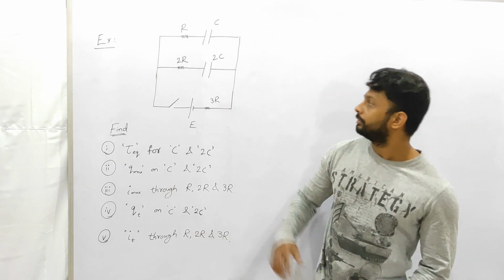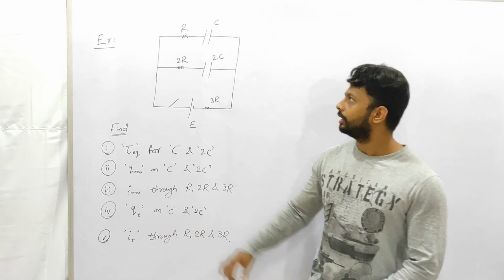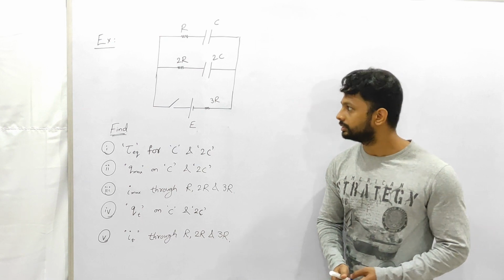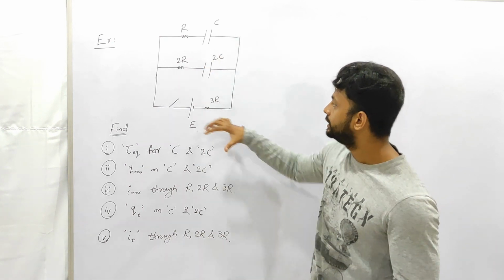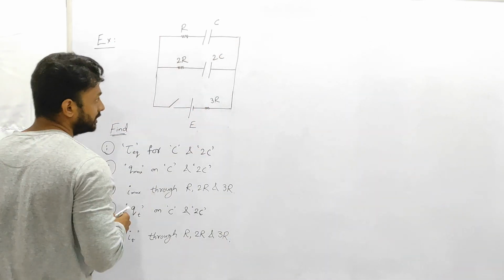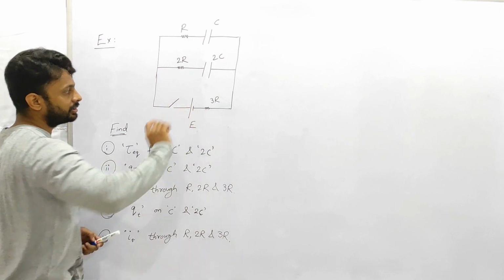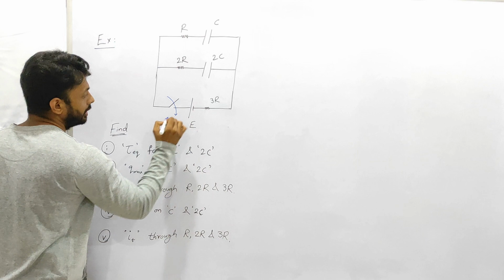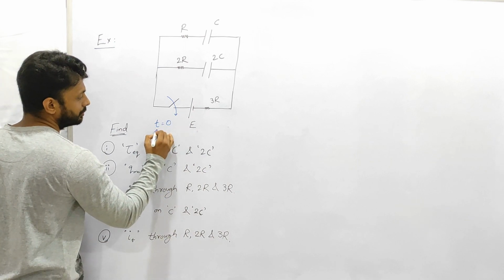Okay. Now we go for the next example where I give an RC circuit, but this time with multiple resistors and multiple capacitors, connected to a battery of EMF E which has some internal resistance 3R. Now I close the switch at time t equal to 0.